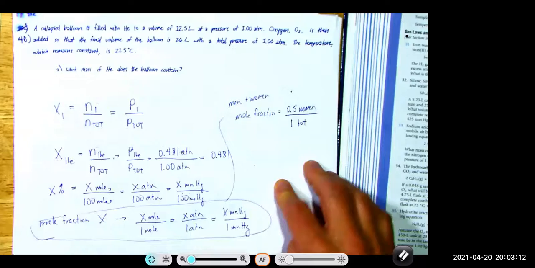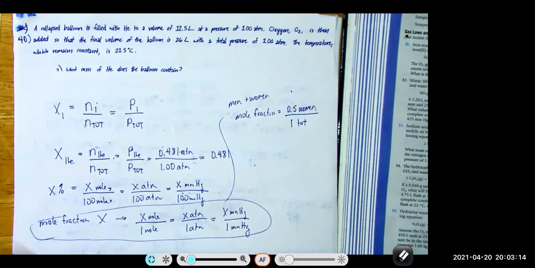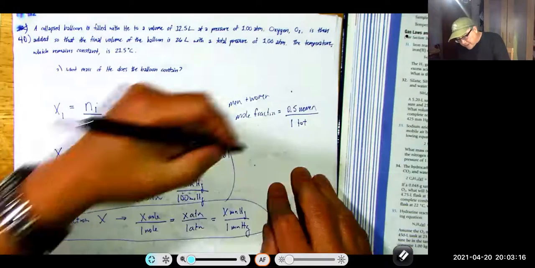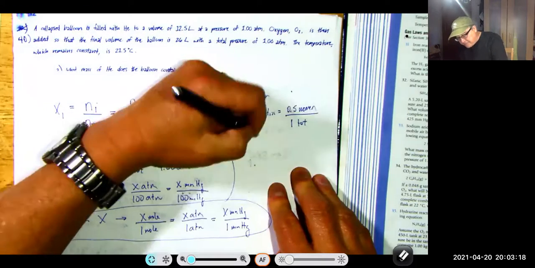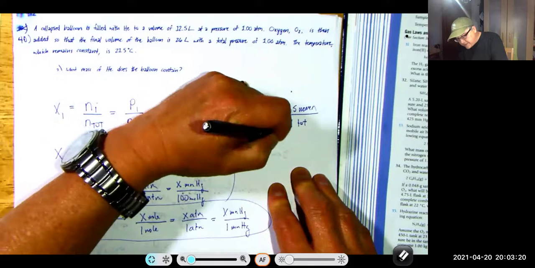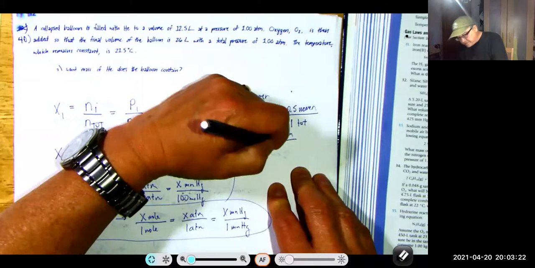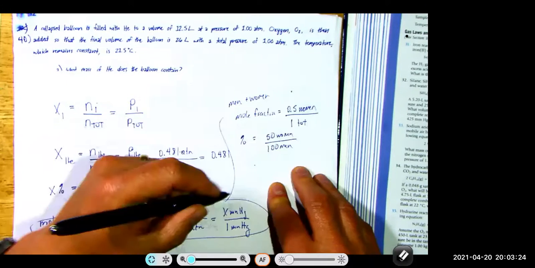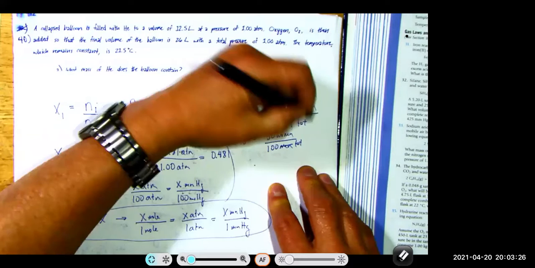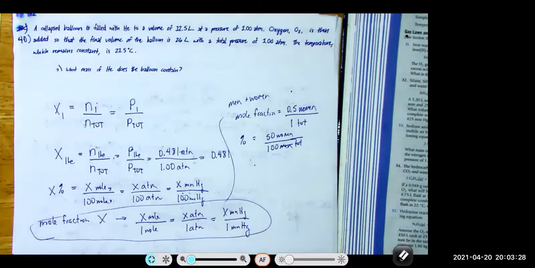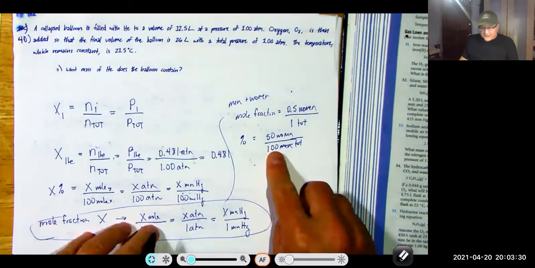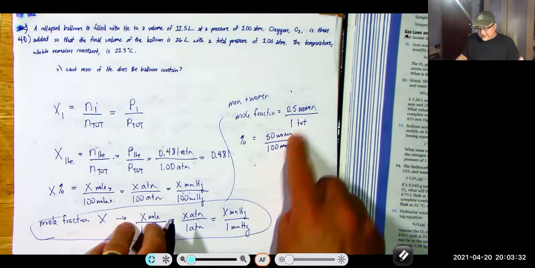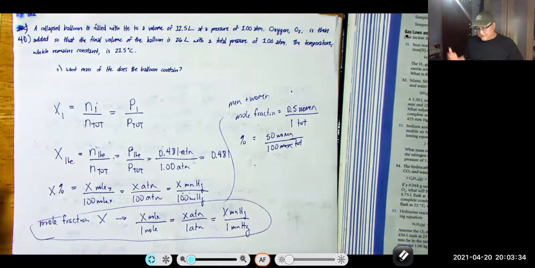People don't like thinking about that. When we think about percentage, that would be 50 women to every 100 people. People like thinking about this better than this because it's an easier concept. If there's 100 people, half of them are women.